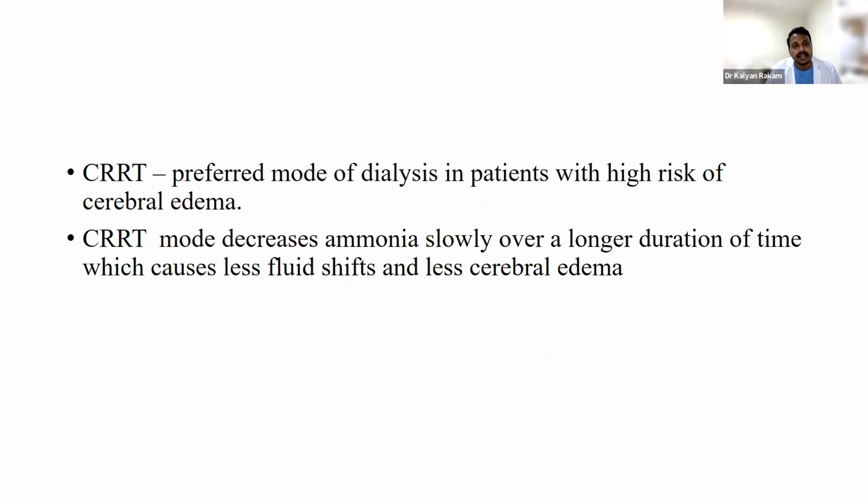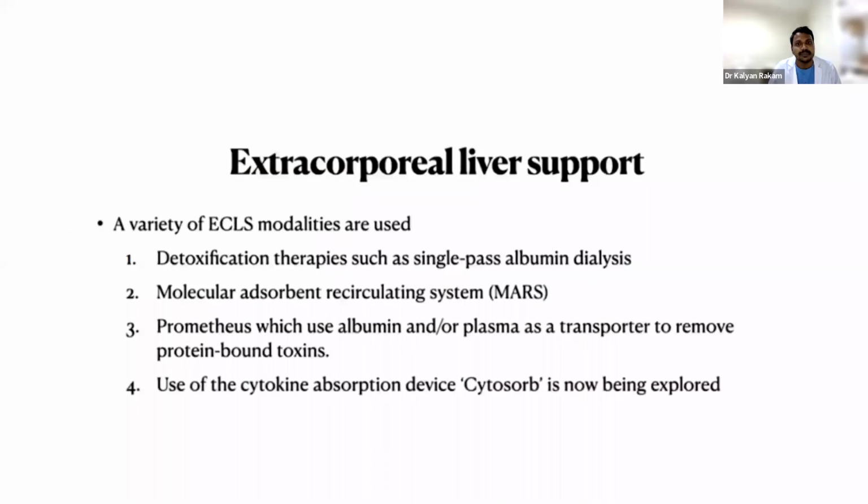So CRRT is continuous slow renal replacement therapy over 24 hours, done at a very slow pace. This mode decreases the ammonia slowly over a longer duration, which causes fewer fluid shifts and less cerebral edema. So CRRT is the preferred mode, especially in patients with acute liver failure who are at high risk of cerebral edema and neurological damage.